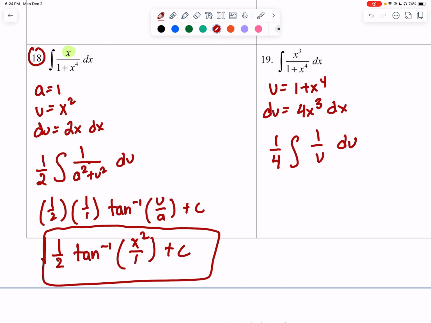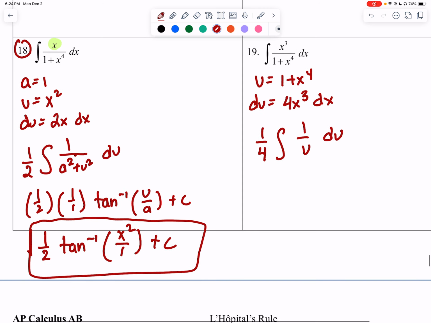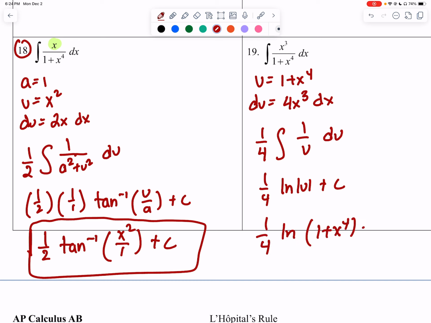And then remember that the antiderivative of 1 over u is ln of u, so I'm going to replace that to be ln of 1 plus x to the 4th plus c. The reason why I dropped the absolute value, once again, is because x to the 4th plus 1 is always positive, so you don't need to worry about the absolute value bars.